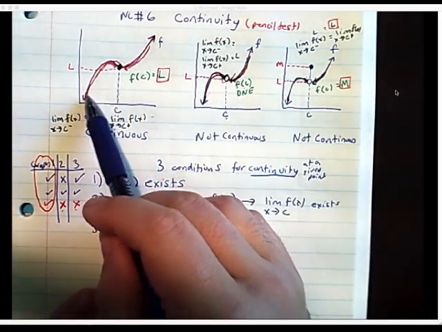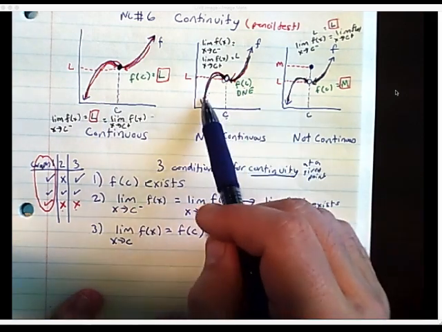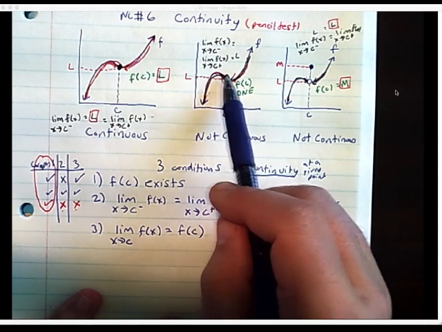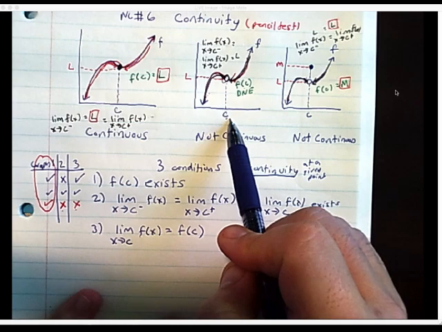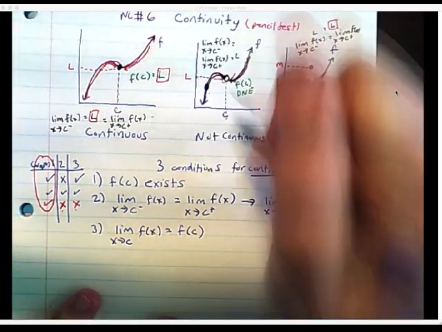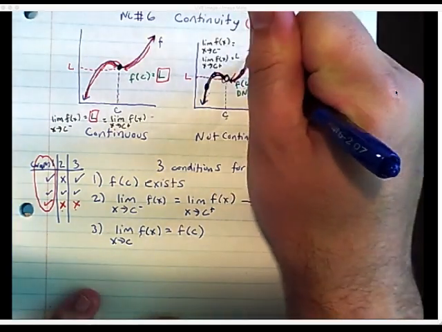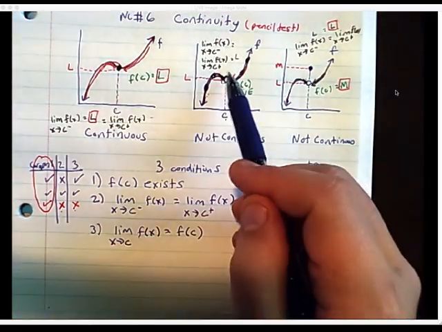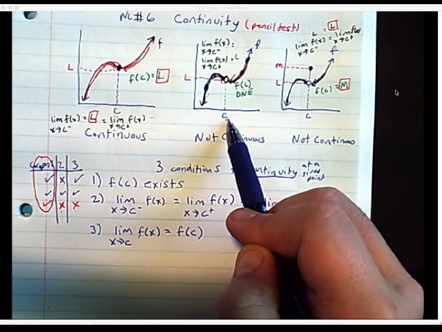Okay. Now, for graphs 2 and 3, the function is continuous everywhere except for C. But at C, it's not continuous there. So like here, at this point, it is continuous. At this point, it's continuous. At this point, it's continuous, and so on and so forth. But as a whole, the function's not continuous because it's not continuous everywhere. That's not continuous there.